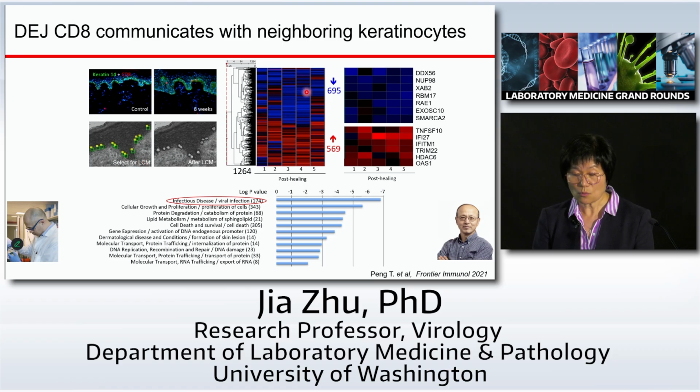So more than 1,200 genes were differentially expressed, and genes involved in viral infection in the infectious disease category were the most significantly enriched in the functional annotation analysis. The genes involved in host gene transcription, RNA transportation and processing are all downregulated.